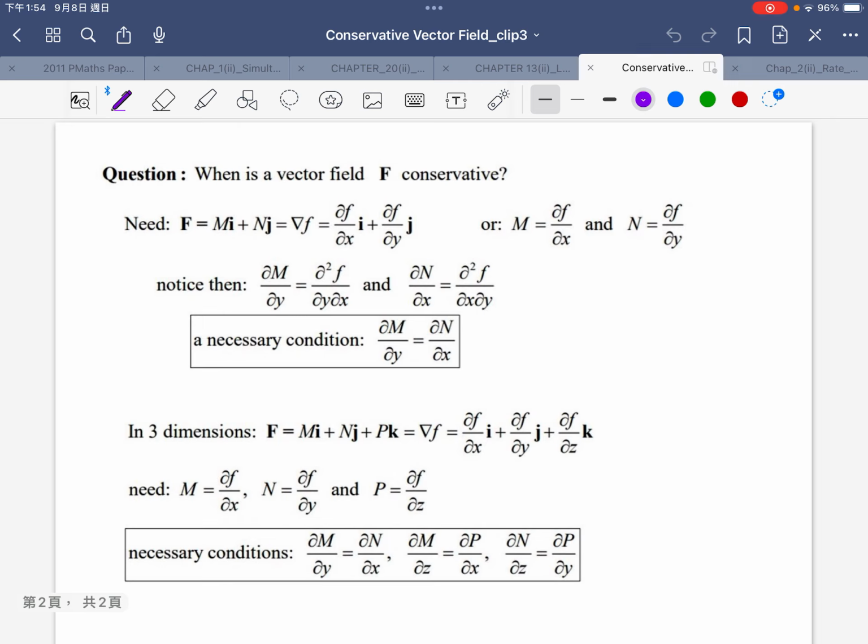This time I will continue my journey of the presentation of conservative vector fields. Given that if a vector field in a line integral is conservative, which means it is path independent.